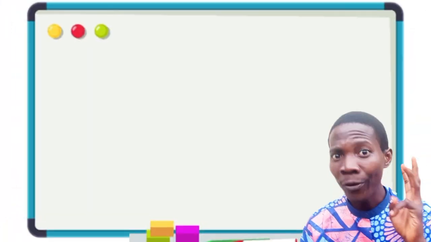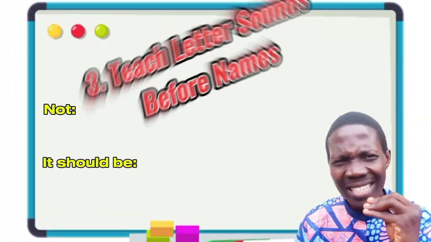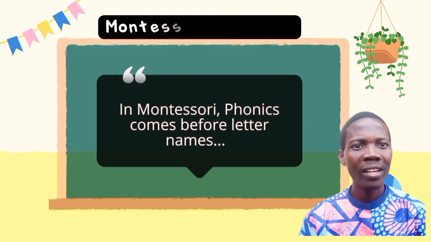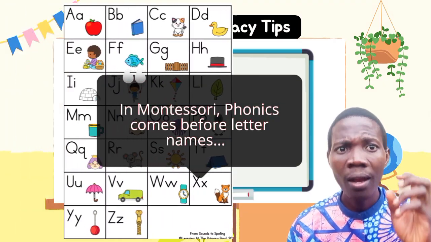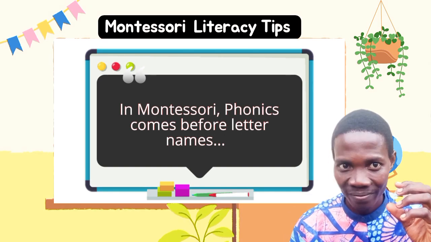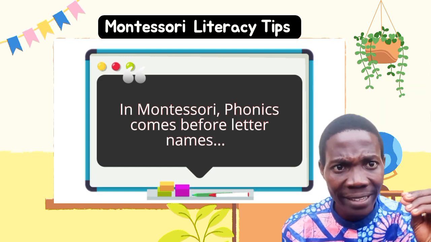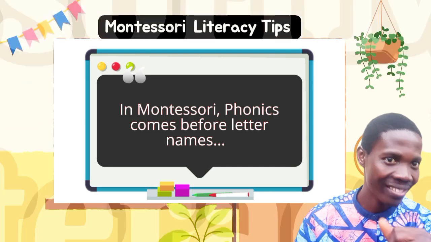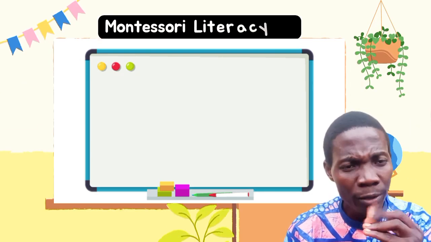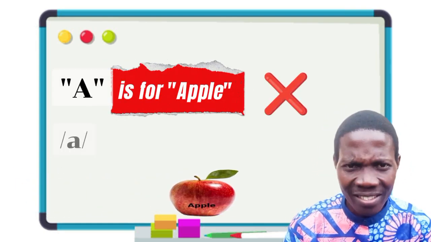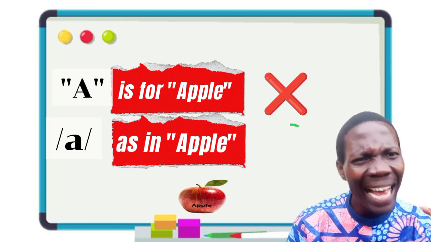Number 3, very important. Teach letter sounds before names. Keep this in mind. In Montessori, phonics comes before letter names. Sounds of letters come before letter names. So instead of saying A is for apple, say A as in apple.